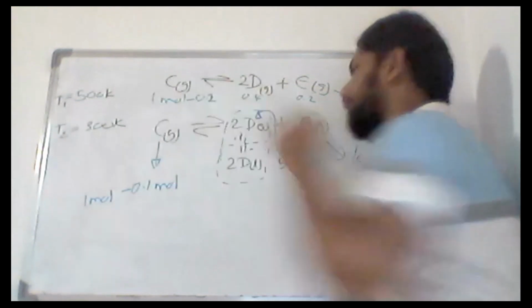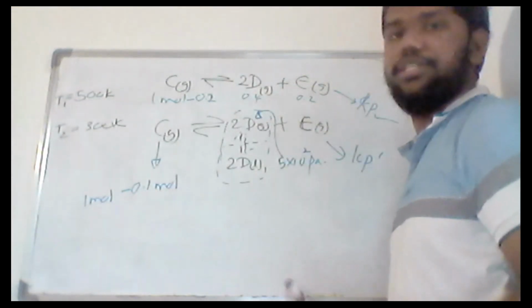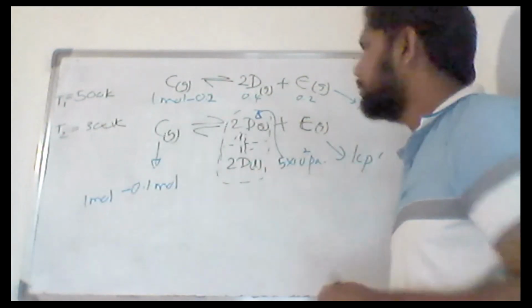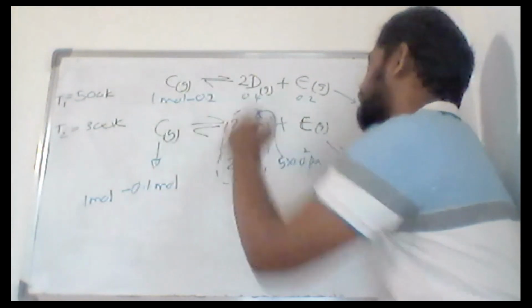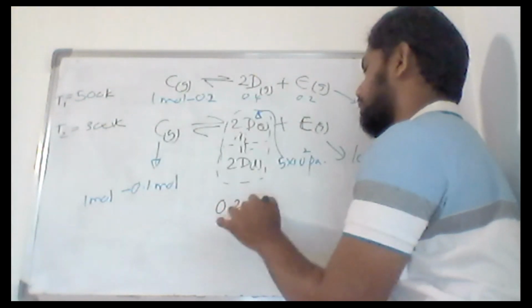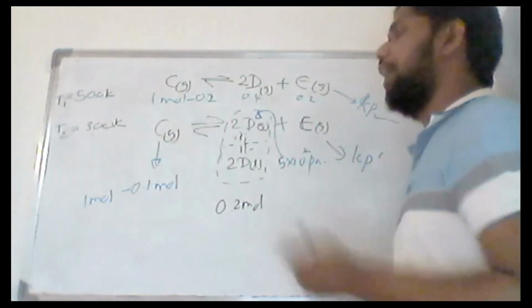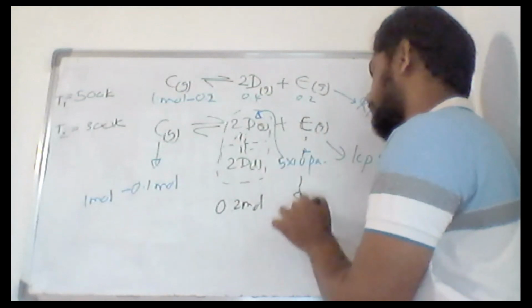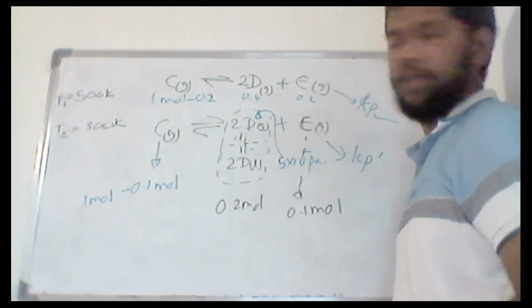At equilibrium, they have found that 0.1 mole of C is dissociated, which gives you the idea there should be 0.2 moles of D, because stoichiometry is 1:2. And at the same time, there should be 0.1 of E formed.